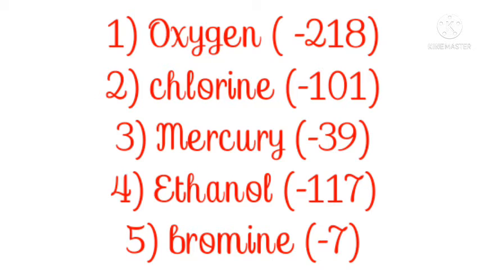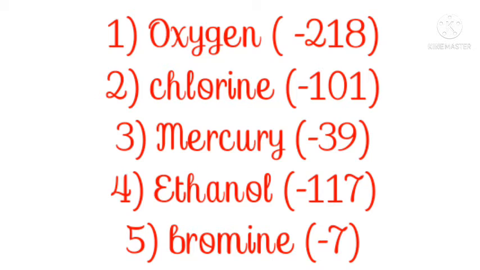1. Oxygen. Melting point is minus 218. 2. Chlorine. The melting point is minus 101 degrees Celsius. 3. Mercury. The melting point of mercury is minus 39 degrees Celsius. 4.